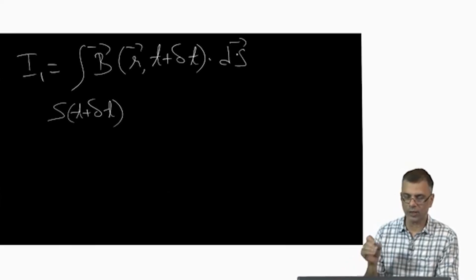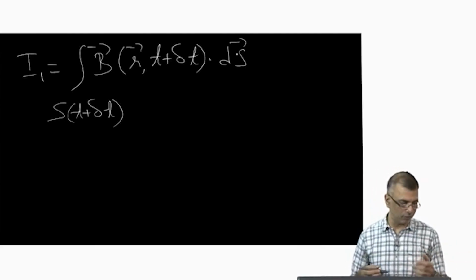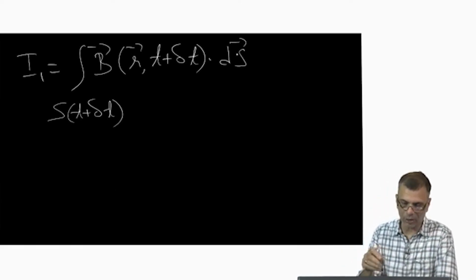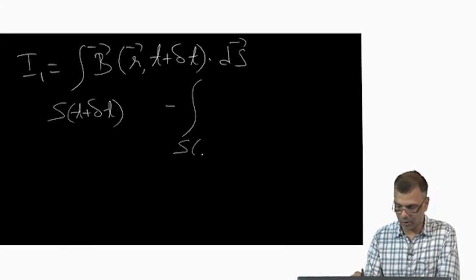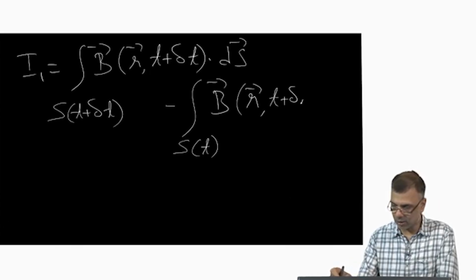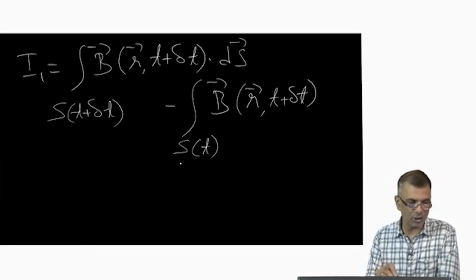You remember we are now fussing about I1 because I2 we have already gotten a nice physical interpretation of, so we don't worry too much about that. So let's now get back to I1, and so I1 is equal to this minus S of t B at t plus delta t. You see, I am keeping the magnetic field the same, I am only changing the loop, the cross sectional area, which is changing because of the change in loop position.